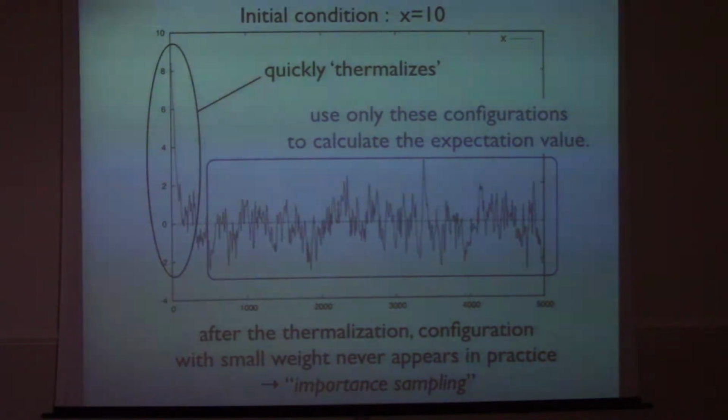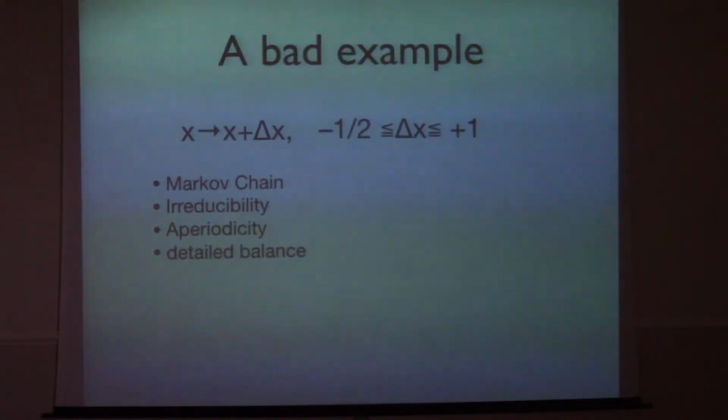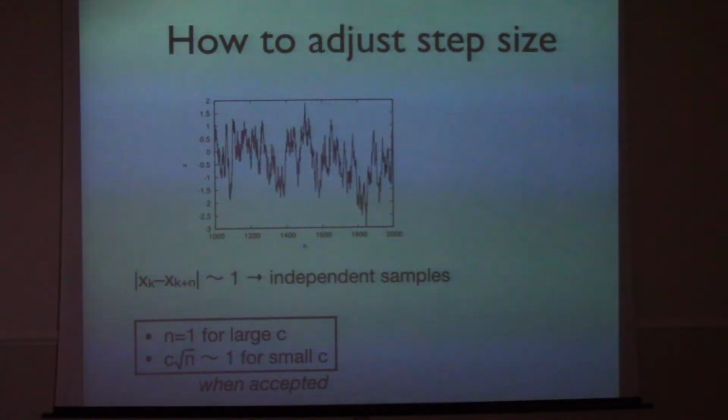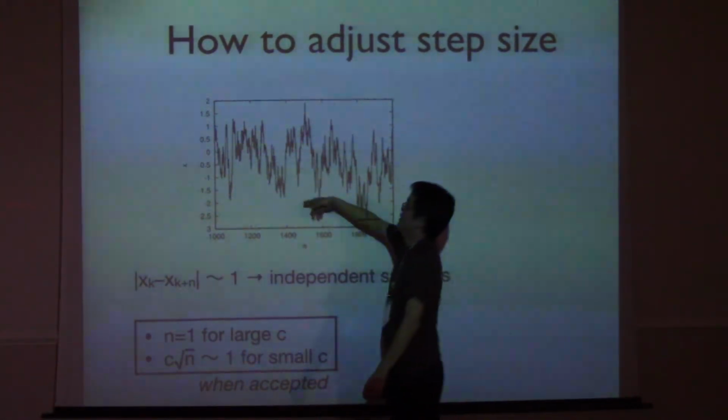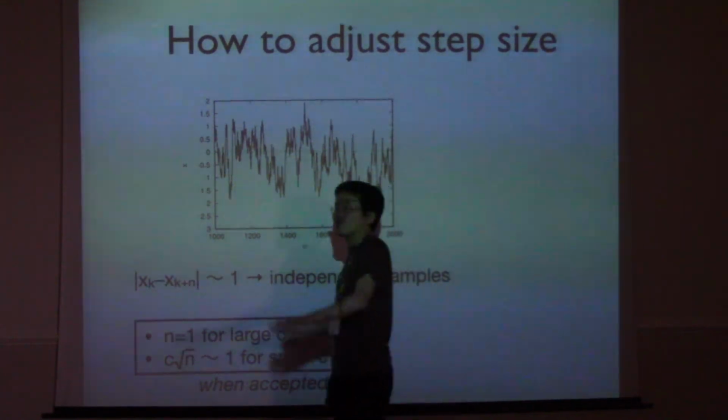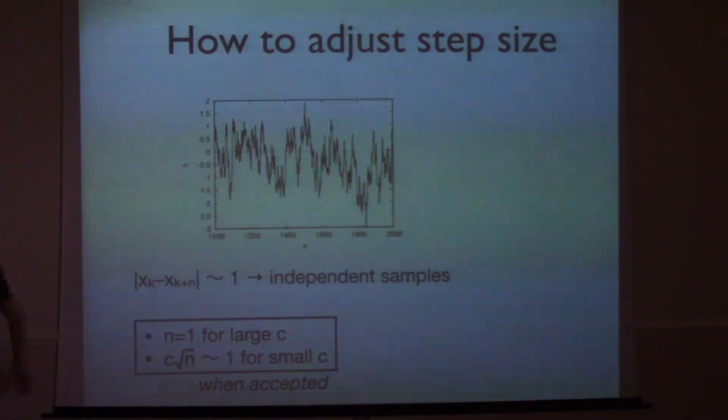But how do you measure the correlation? Do you use the action or something? Of course, there are many statistical methods to do that. Here, I just very naively say that if values are very different, that would mean you have to go through a very complicated change, so they should be independent. In this Gaussian case, it's really easy to see. But in a higher dimensional example, you cannot really draw a picture, so such a simple statement cannot be made, and you need some bootstrap method to estimate the correlation.